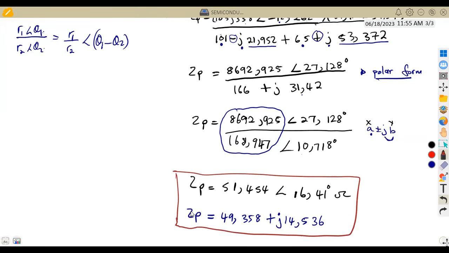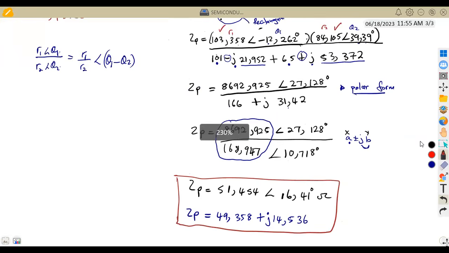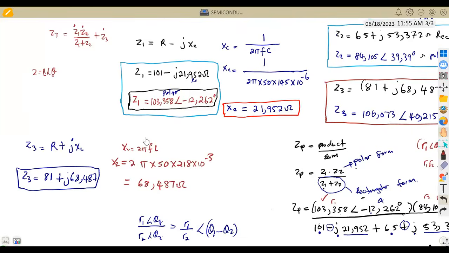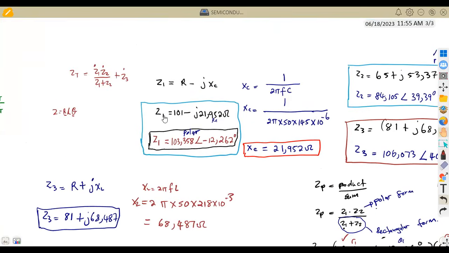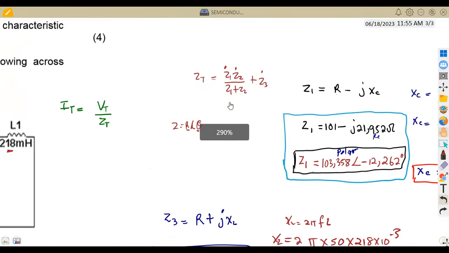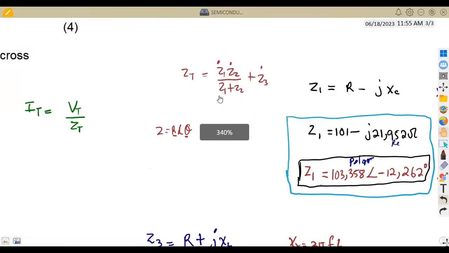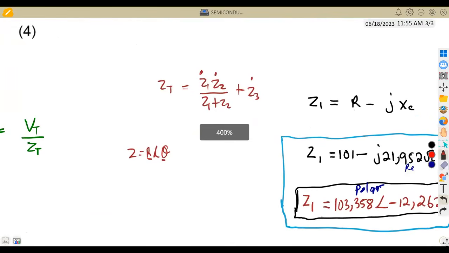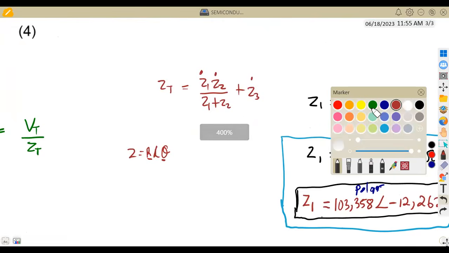So let us check what we are left with now to find the total impedance. Like I said, from our formula, our total impedance is going to be the product over sum, Z1 times Z2 over Z1 plus Z2, which is the one that we got here.